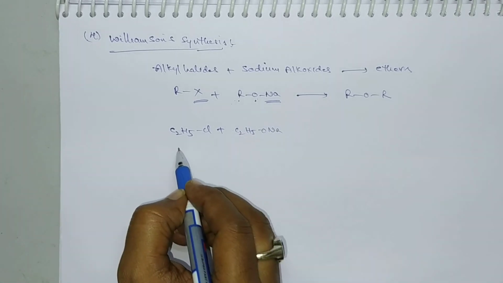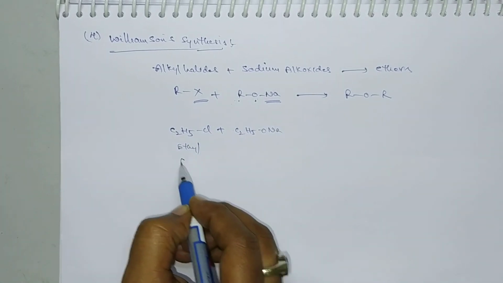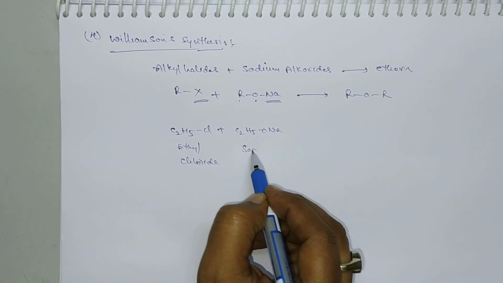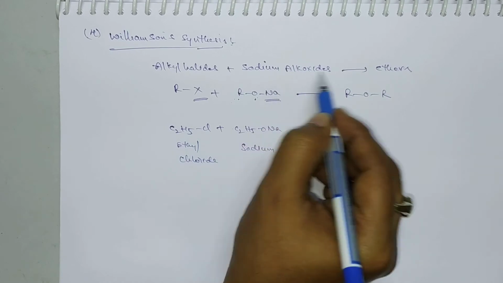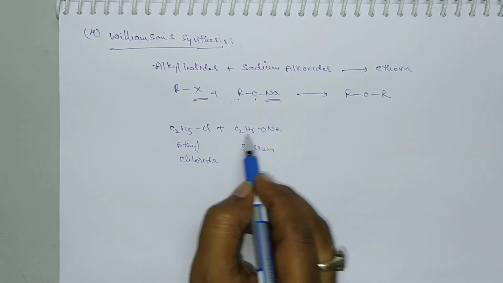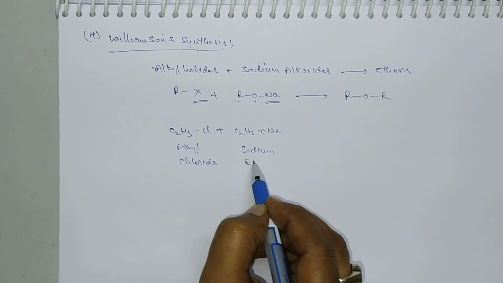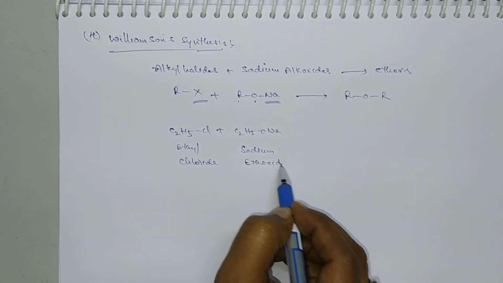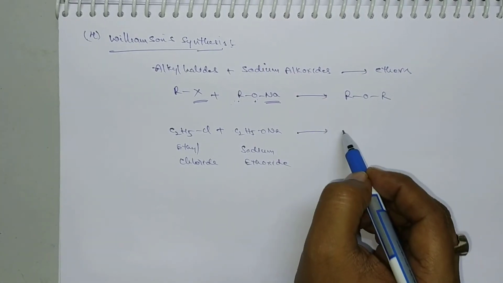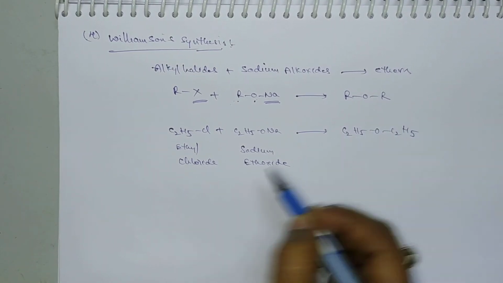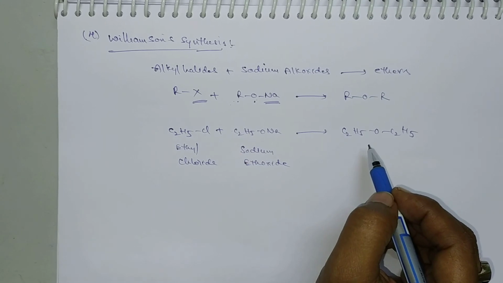C2H5Cl means ethyl chloride, and this is sodium alkoxide. Here the alkyl group is ethyl, so it can be called sodium ethoxide, to produce C2H5OC2H5. What is the name of this compound?